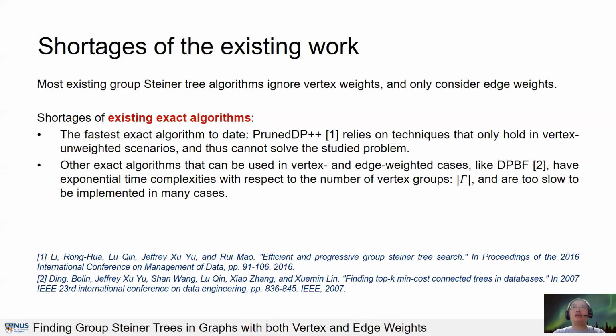Other exact algorithms that can be used in vertex and edge weighted cases, such as the widely used DPBF algorithm in a 2007 ICDE paper, have exponential time complexities with respect to the number of vertex groups Γ, and are too slow to be implemented in many cases.